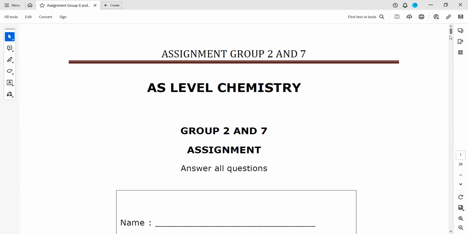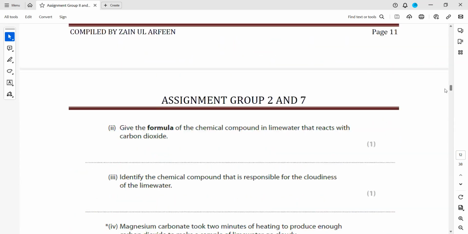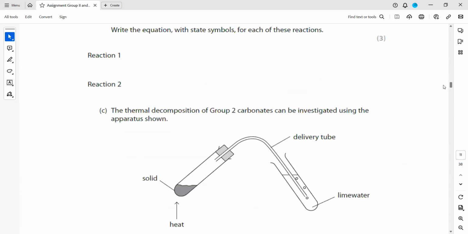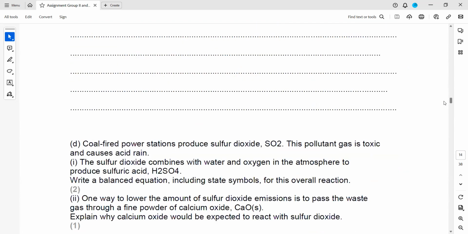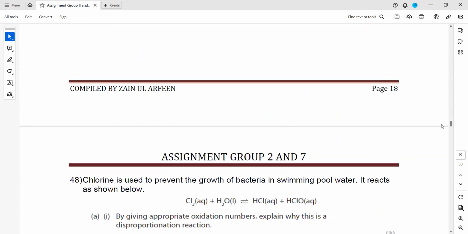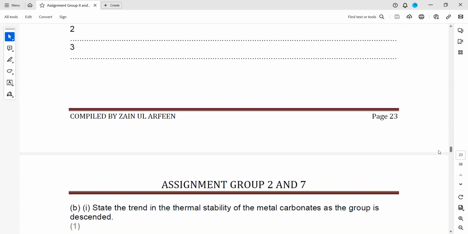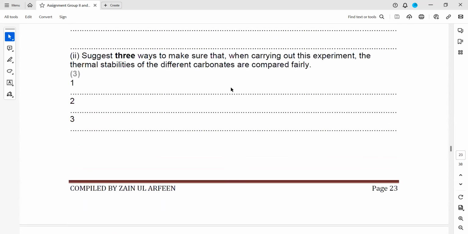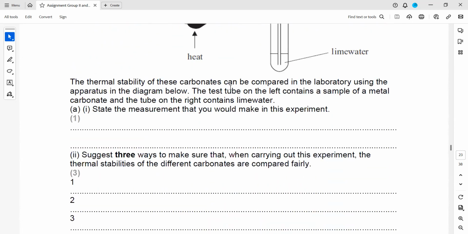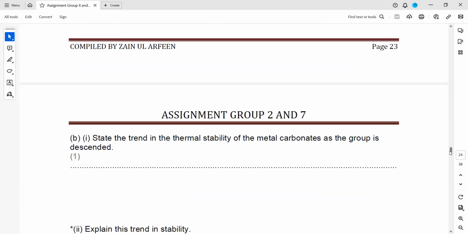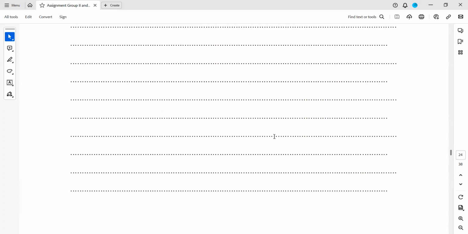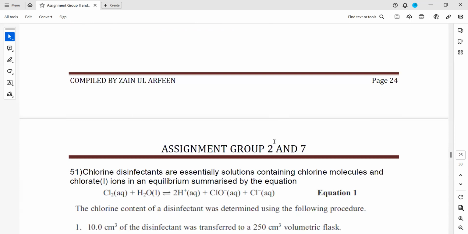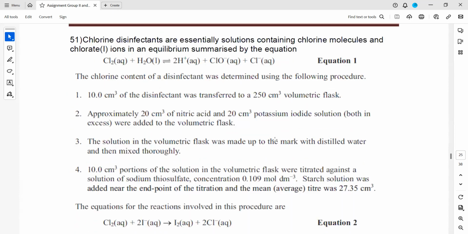So starting with question 51. Okay, this is a question related to redox, group 2 and group 7.